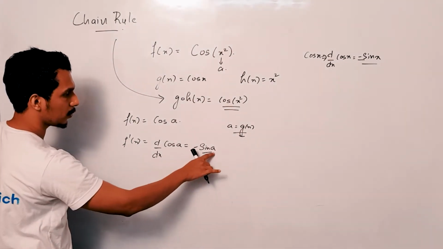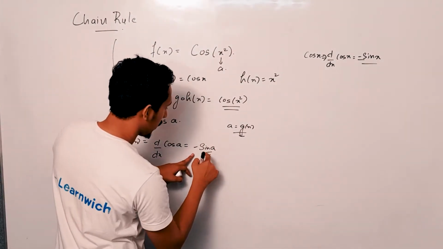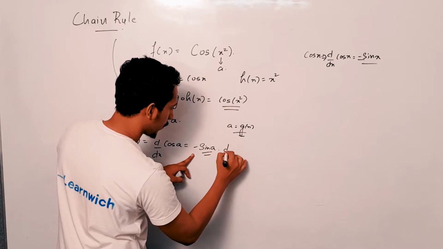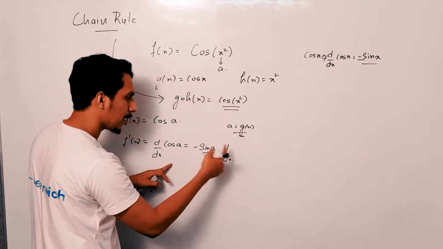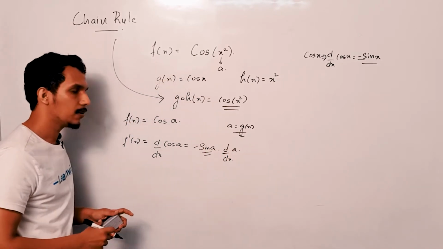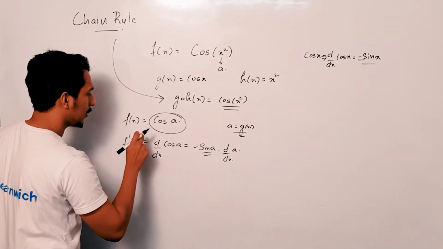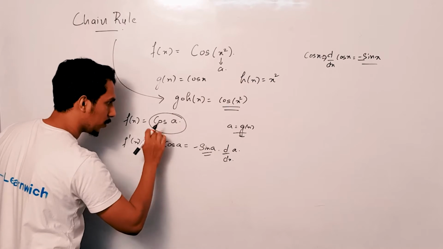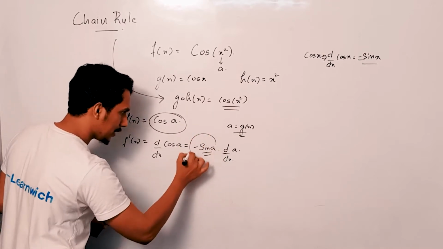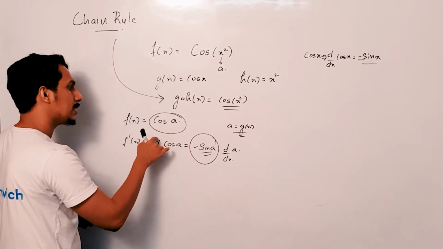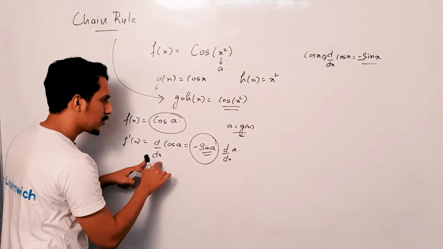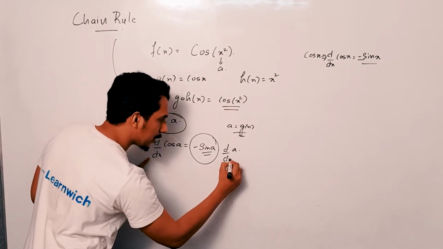Here there is only one more function coming up, so this will be minus sin a into d by dx of a as well. Here I applied the derivative to this function as a whole. After doing the first derivative, I understood that there is another function within this function, so I will find the derivative of that also.